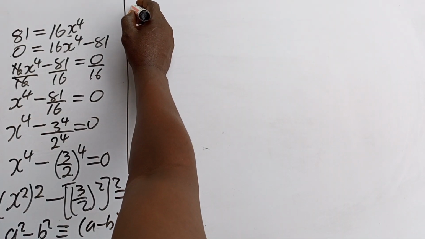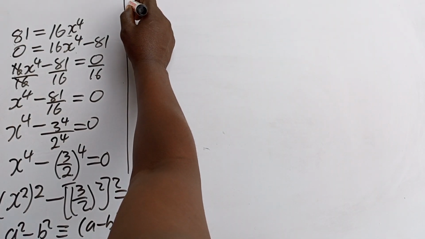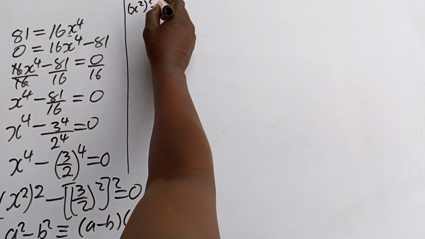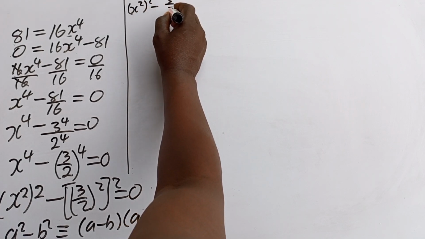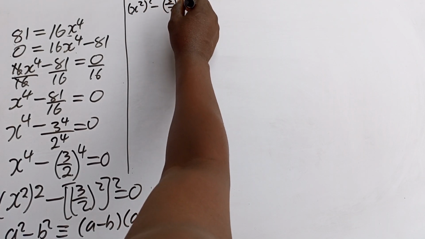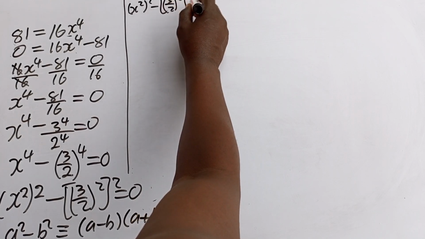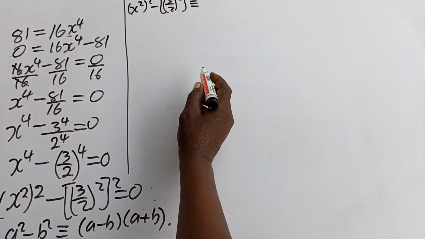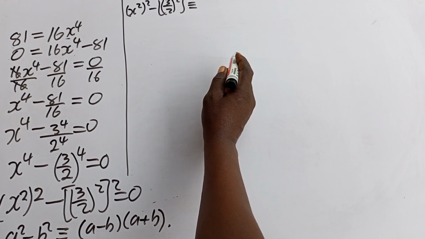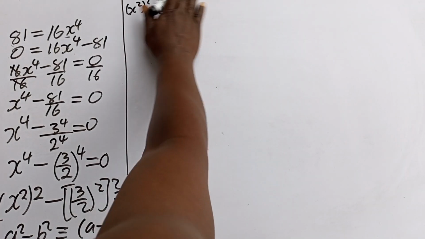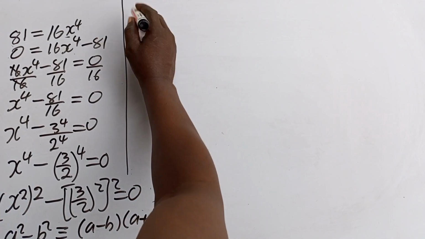So we are saying that (x squared minus 3 all over 2) squared will be identically equal to, when we use the difference of squares identities, let's write it well.